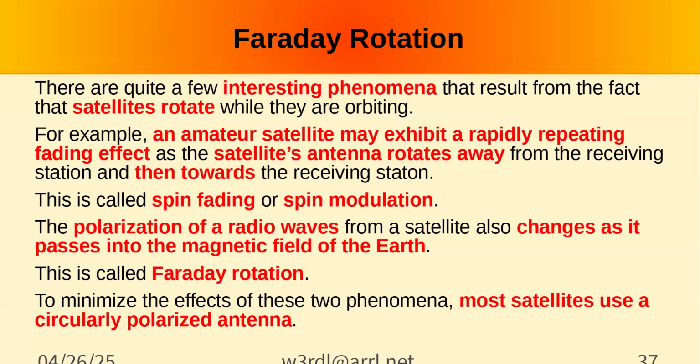They call that Faraday rotation because Faraday had stuff to do with magnetic fields and E fields also. So most of the satellite antennas that you use are going to be circularly polarized to account for the fact that your signal is not only physically rotating, but it's electrically rotating in phase.